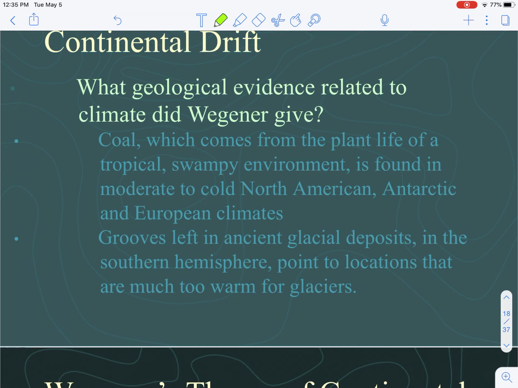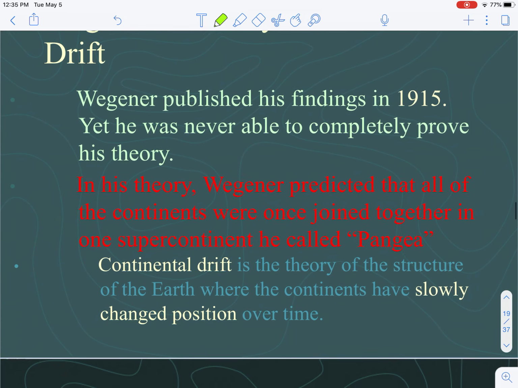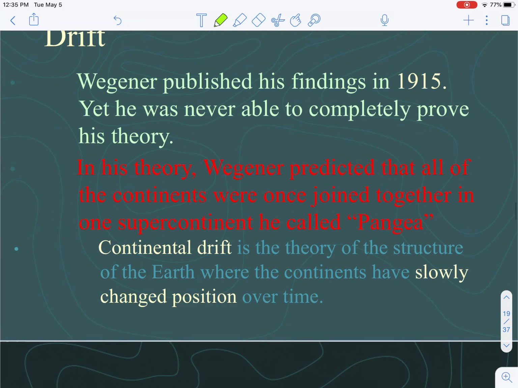He also found that there were areas that have evidence of where there were glaciers in places that are now tropical. So he felt like there is definitely a movement of those pieces of land.